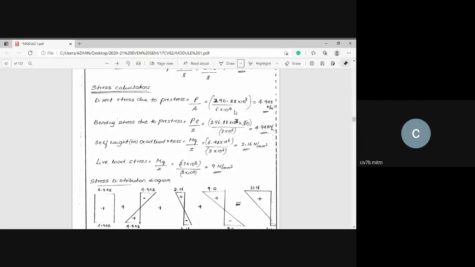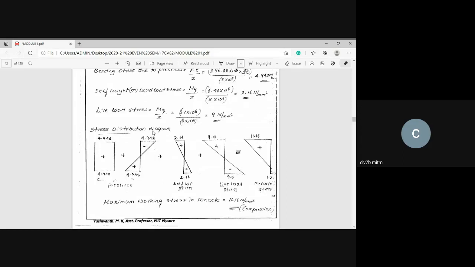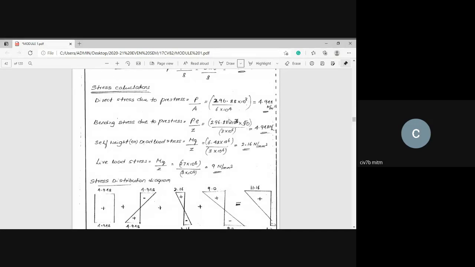Since I'm inducing the pre-stressing force, this will create a pre-compression throughout the beam. Hence, P by A will be the same both at the top and bottom. Next, the bending stress due to eccentricity is 4.948 Newton per millimeter square, both at the top and the bottom.